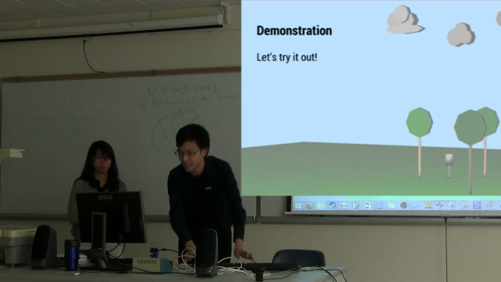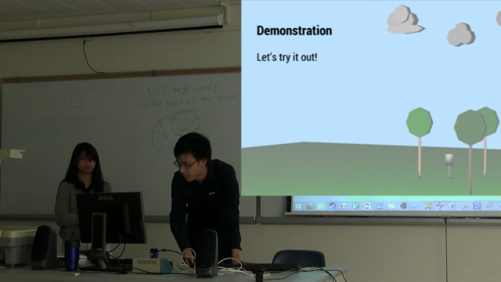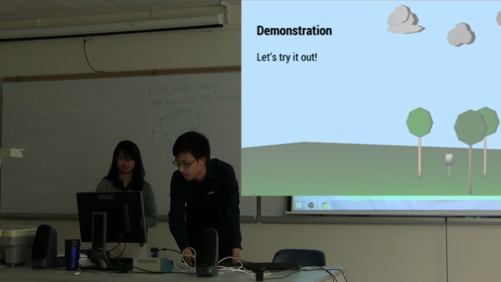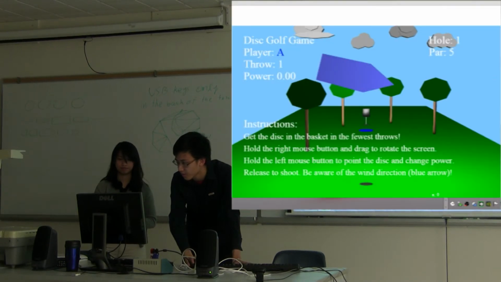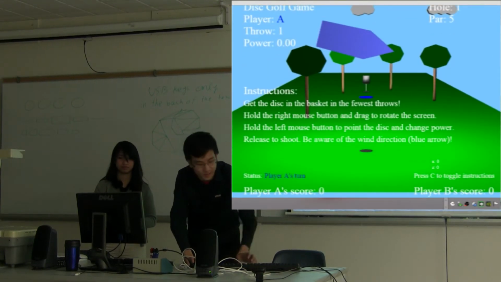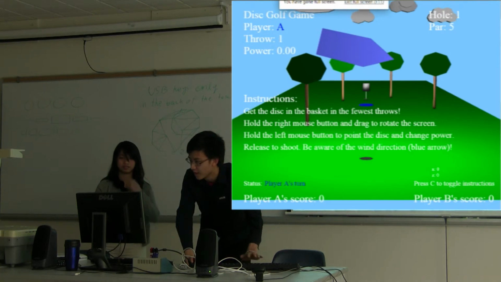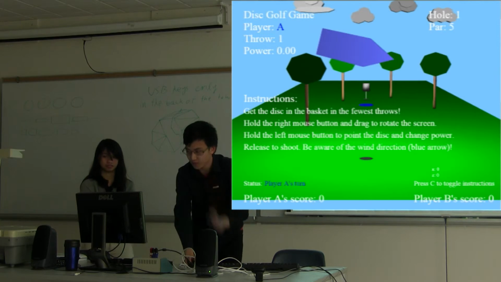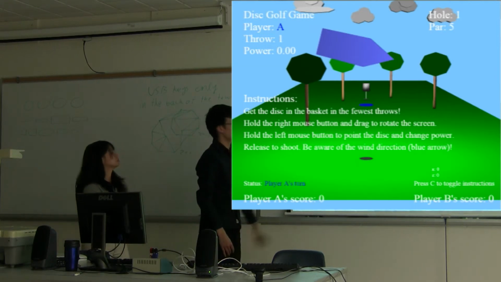All right, so let's try this out. I know it's kind of messy here, but this is what it looks like when you first start the game. Can everyone see that?